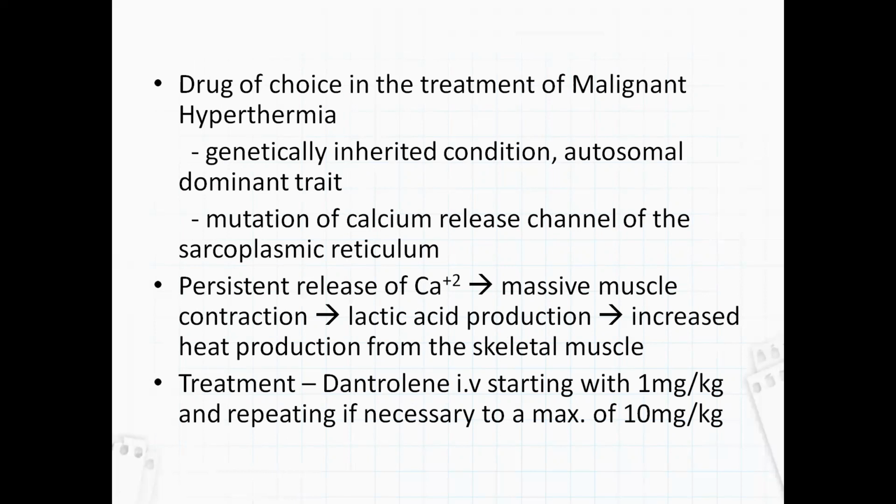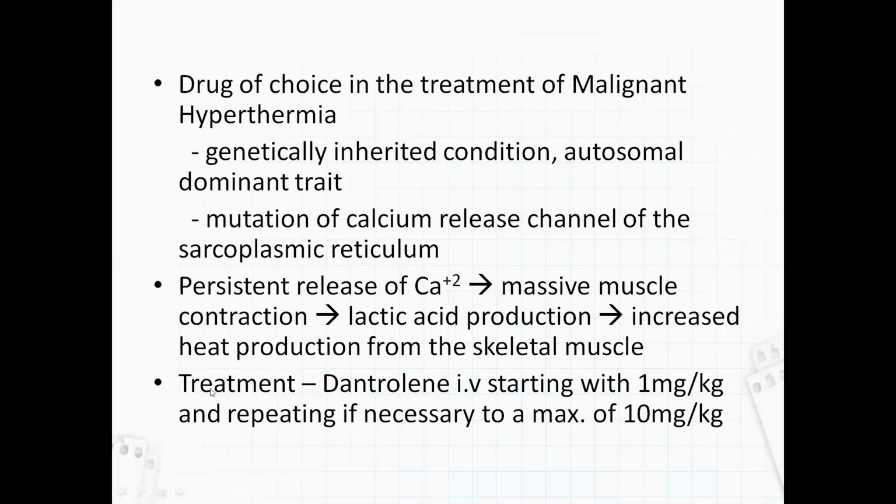What happens due to this? There is a massive muscle contraction, the fasciculations twitching continuously, due to which lactic acid production will be happening, due to which there will be increased heat production from the skeletal muscle. That is hyperthermia, malignant hyperthermia, increasing temperature, that is heat production.